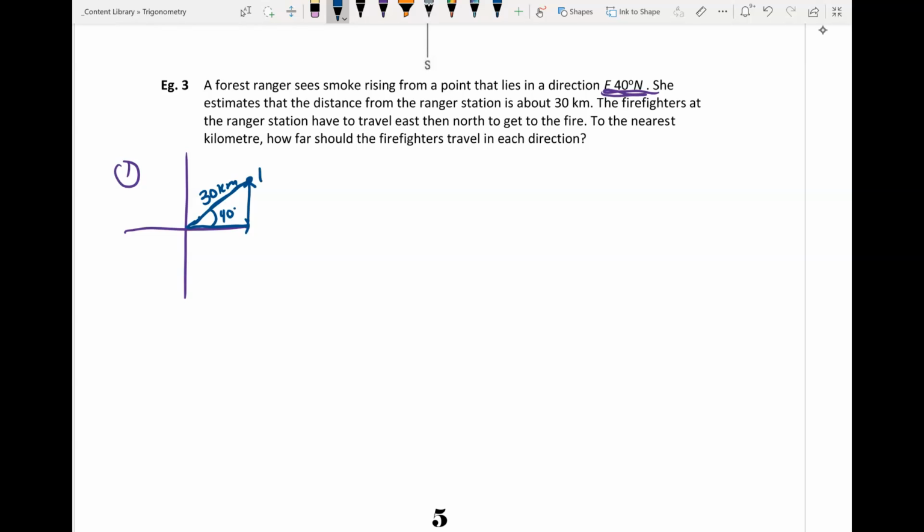So our point P is the point where we see the smoke rising, and the forest ranger is at the origin. So the firefighters at the ranger station have to travel east, then north. We want to find how far should they travel east and how much they should travel north. We're looking for X and Y.